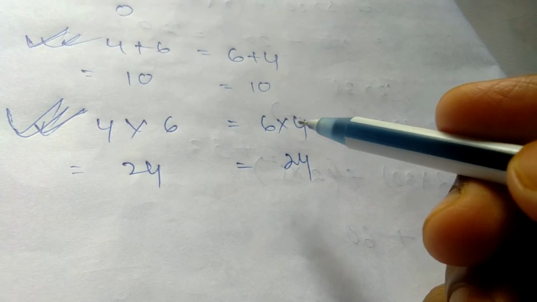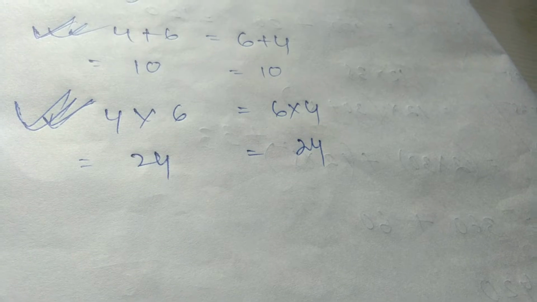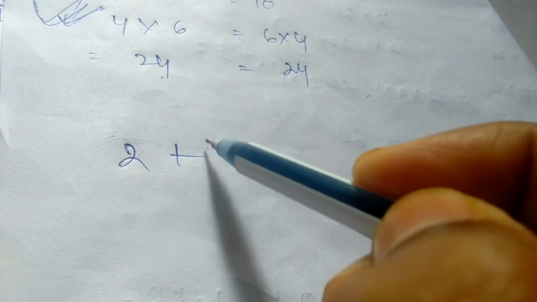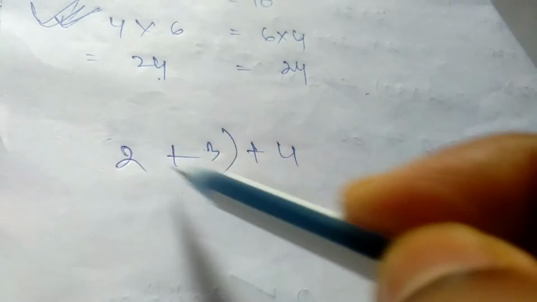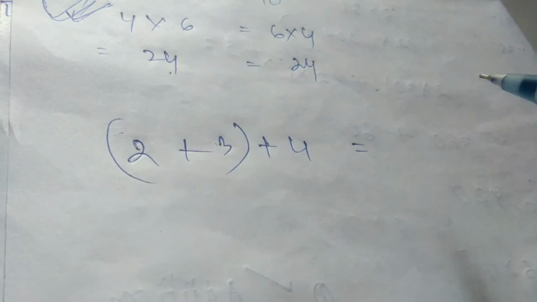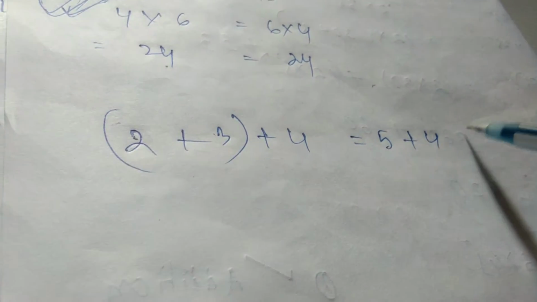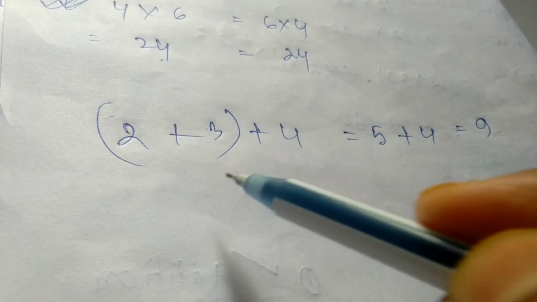Now we are going to discuss associativity of addition and multiplication. I am taking one example: 2 plus 3 plus 4. So 2 plus 3 is 5, then plus 4 is equal to 9.